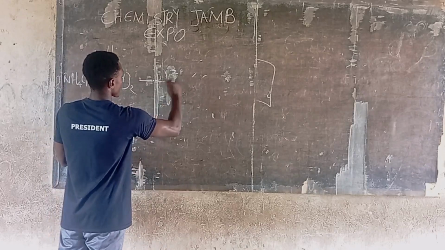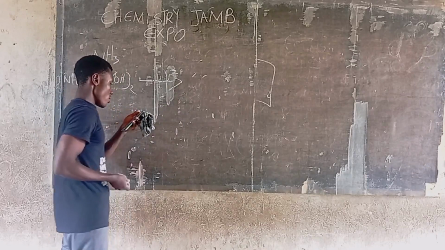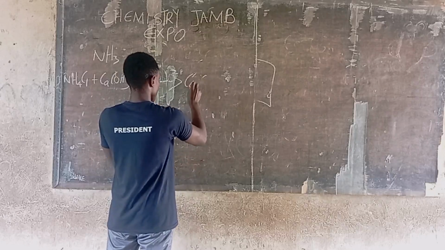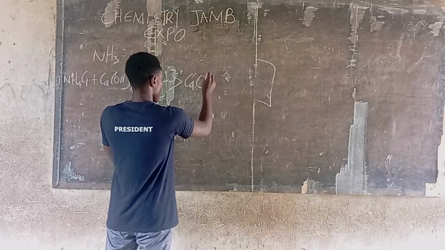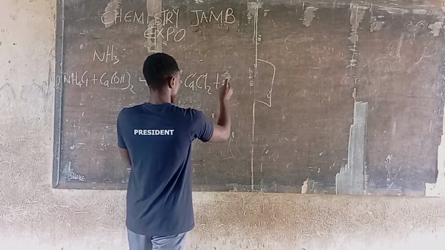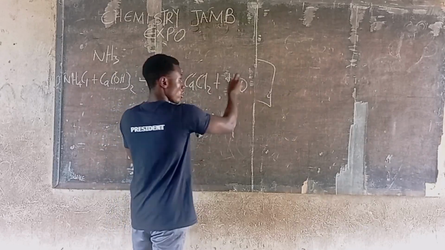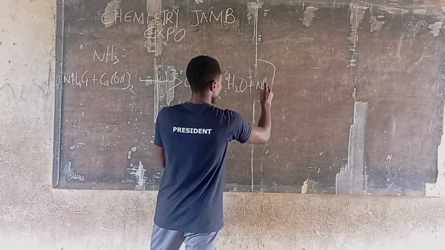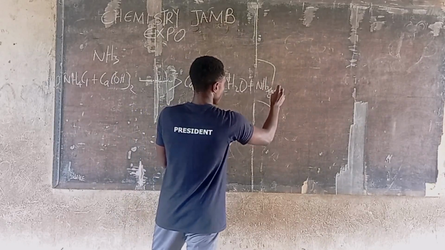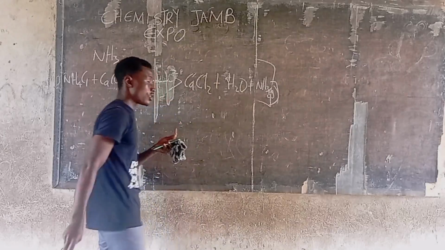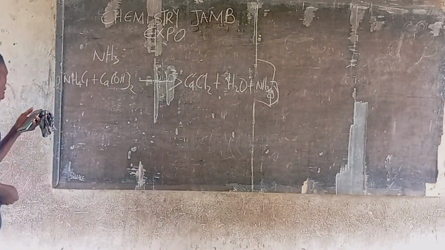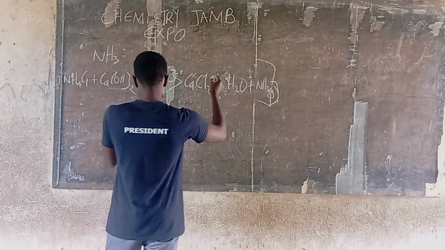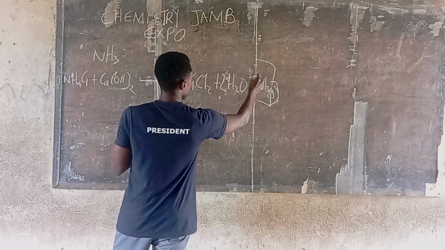Giving us a forward reaction of calcium chloride plus water plus ammonia, which is NH3, as a gas, which we represent with g. Balancing the equation, we simply put 2 here and 2 here.